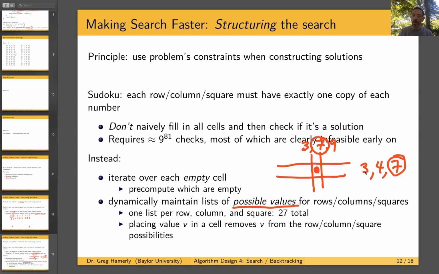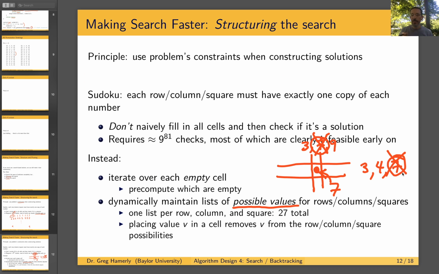And so whenever we place a value in this square, say I put 7 right there in that cell, then what does that do? That deletes from this column the value 7, and it deletes from this row the value 7, and it deletes from the square the value 7 as well.